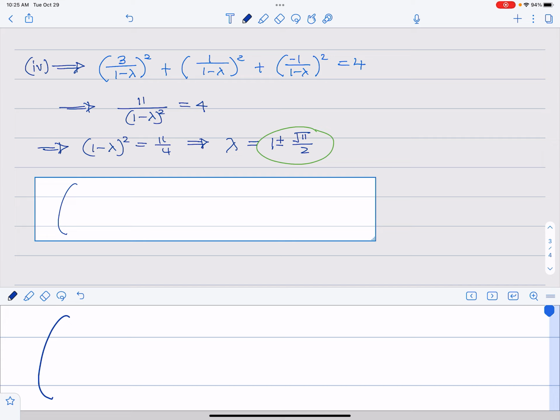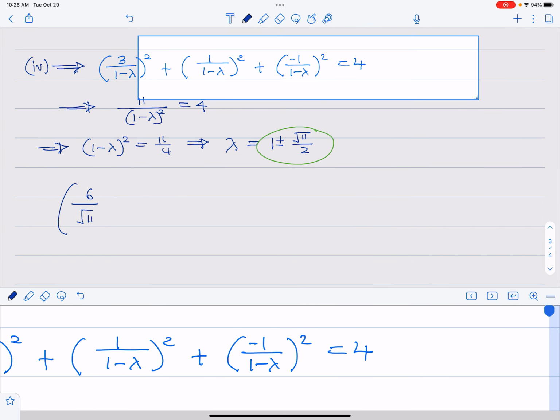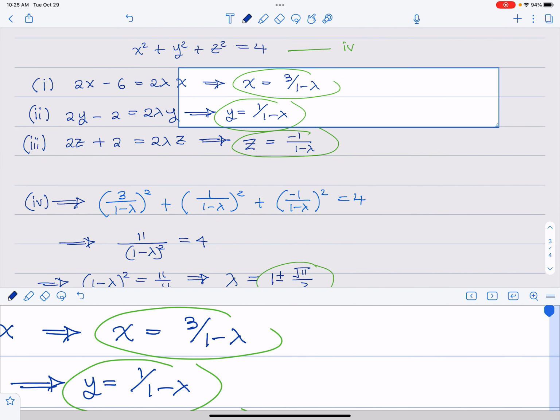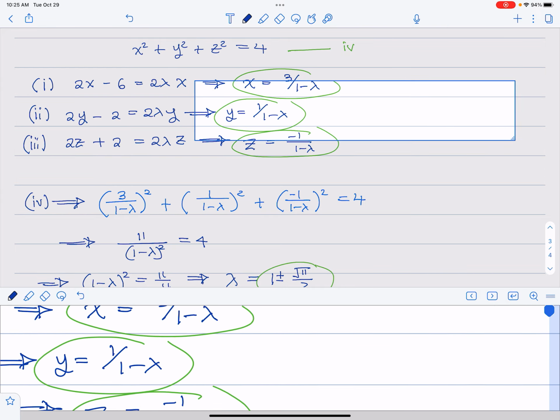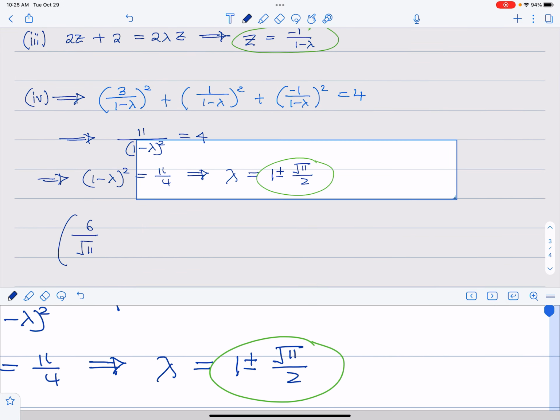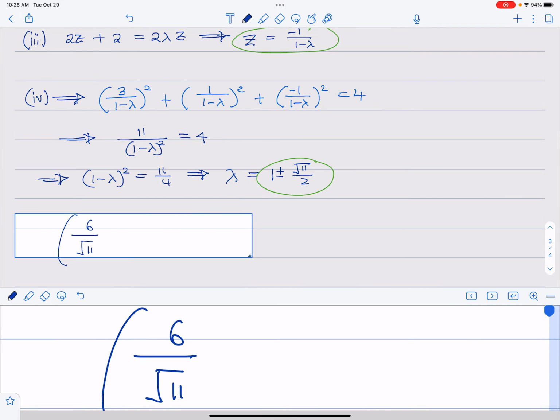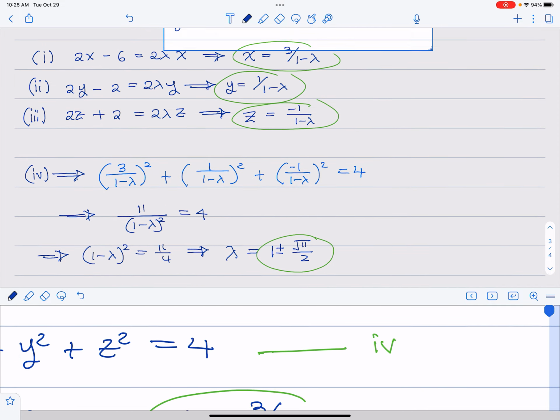When I plugged in 1 plus square root of 11 over 2, I got 6 over root 11. Where am I plugging it in? I'm plugging it into each of these for x, y, and z. Each of them has lambda, and there are 2 values of lambda here. So plugging them into these.